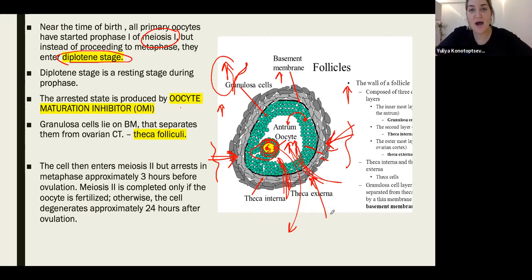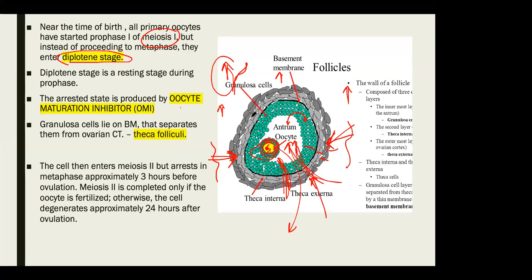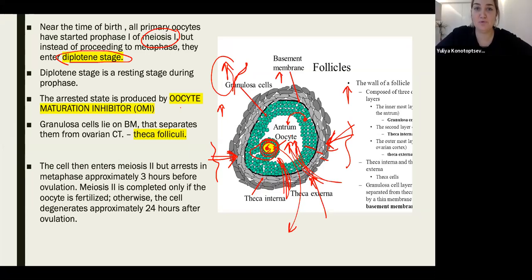So what is left behind? Could you tell me? Ovulation has happened. Secondary oocyte is in the fallopian tube. That's it, it's there. What is left behind? Do we have theca externa? No. Do we have theca interna? Yes, we do. Nothing has happened to it yet.